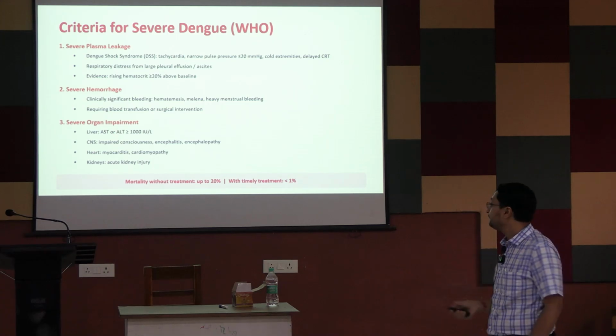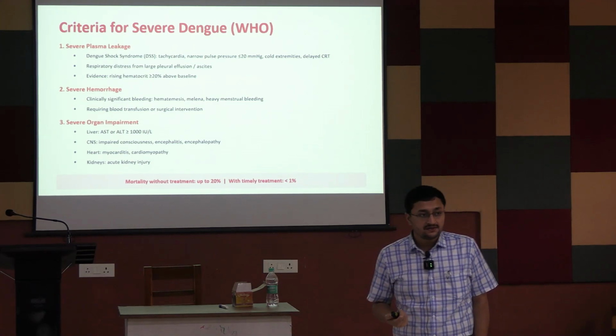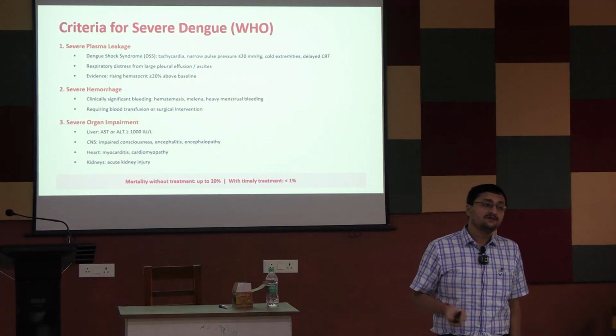So this is the definition of dengue shock syndrome. Second one is respiratory distress in the form of ARDS, acute respiratory distress syndrome, or pleural effusion.